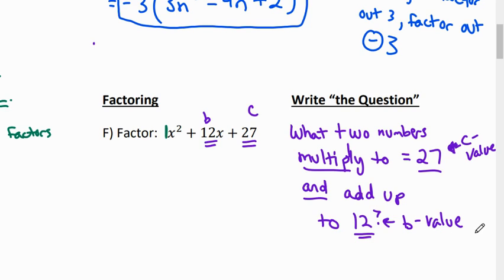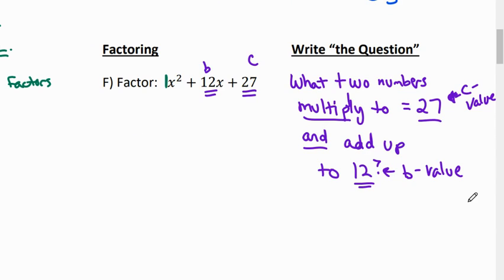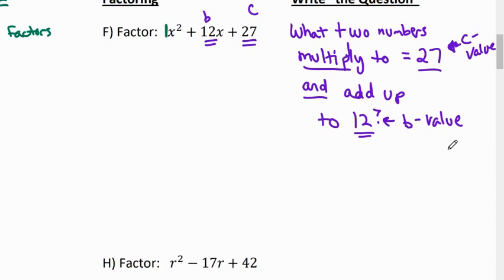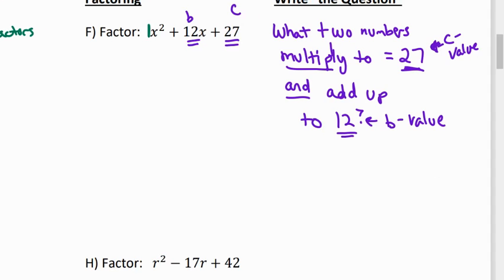All right, so I started with a couple numbers that hopefully are easy to work with, but just in case you can't think of the two numbers that will multiply together to equal 27 and add up to 12, if you don't know your multiplication tables really well, or maybe the c value is in the hundreds and you can't figure out what two numbers these are, my suggestion is to make a list of the factors of 27, maybe off to the side, starting with 1.